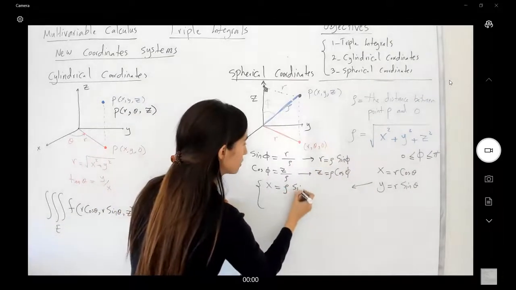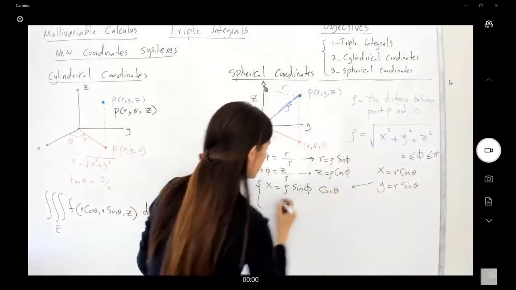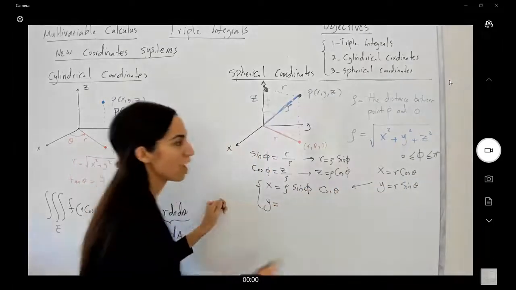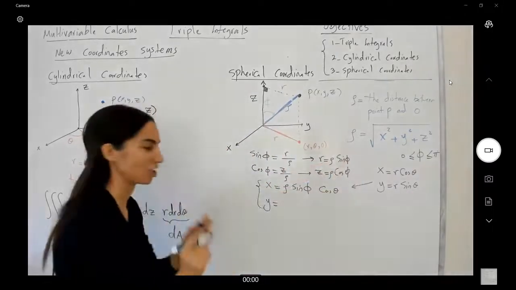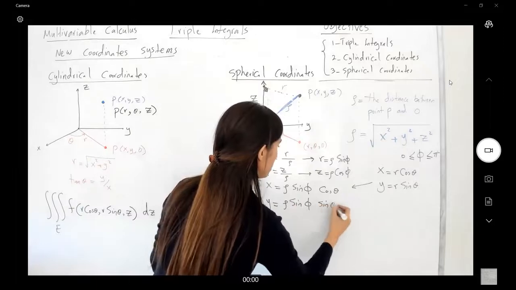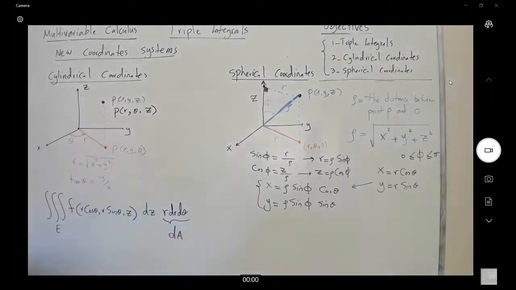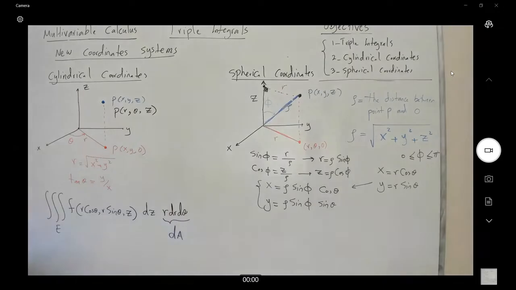So x is rho sine phi cosine theta, and your y, which was r sine theta, is now rho sine phi sine theta. Let's take a look at these illustrations here.